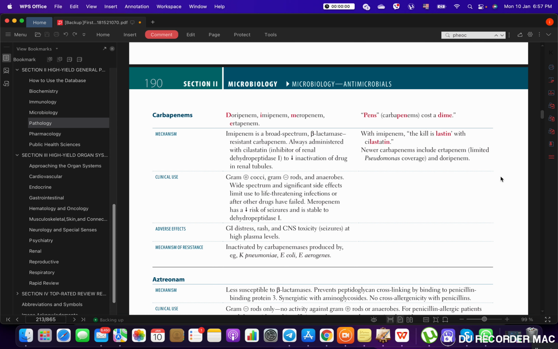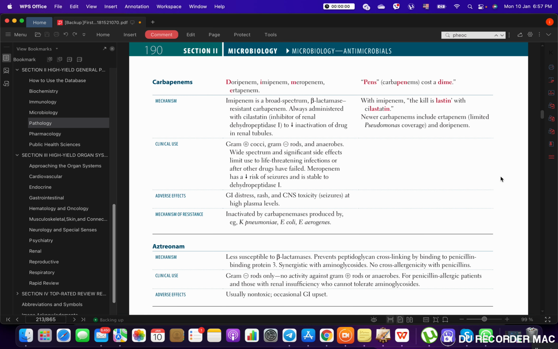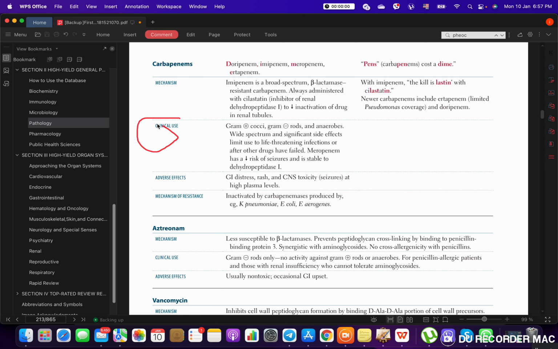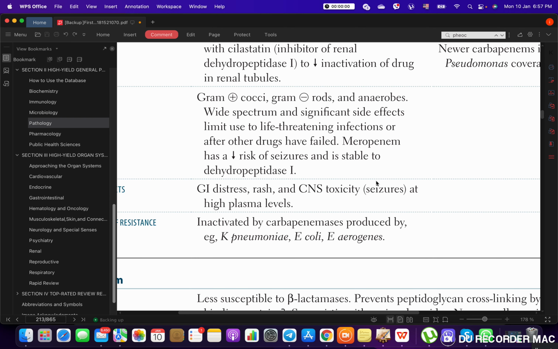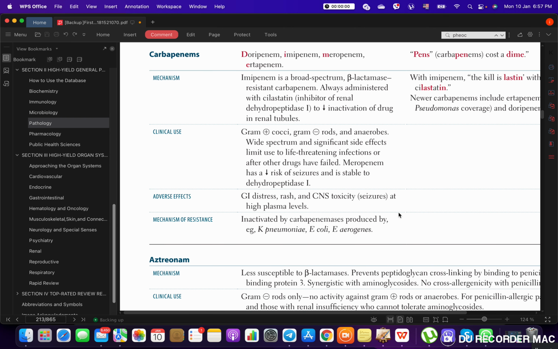We will not use them more because that would lead to more resistance. Okay, the clinical usage is for gram-positive cocci, gram-negative rods, and anaerobes. Only the gram-positive rods and the gram-negative cocci are not covered by this drug.